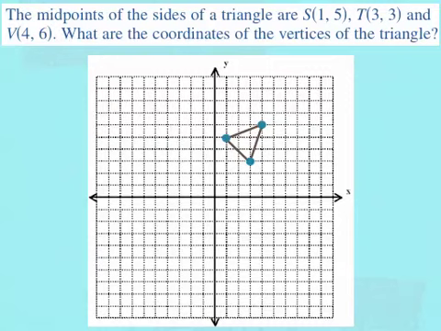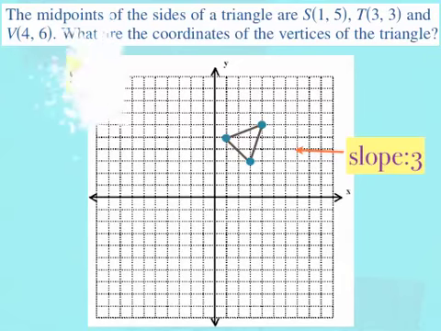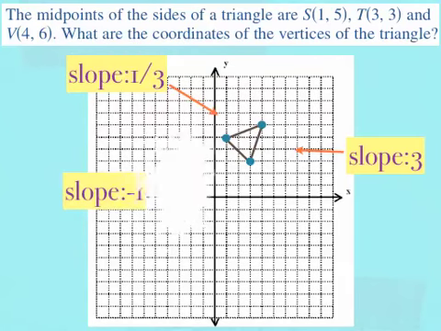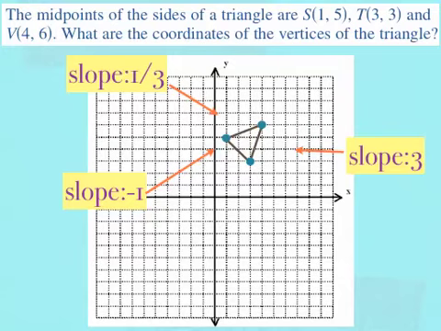So if we look at these lines that we've created, we can find the slope of each one of them. This line would have a slope of 3. This line would have a slope of 1/3, and this line would have a slope of -1.